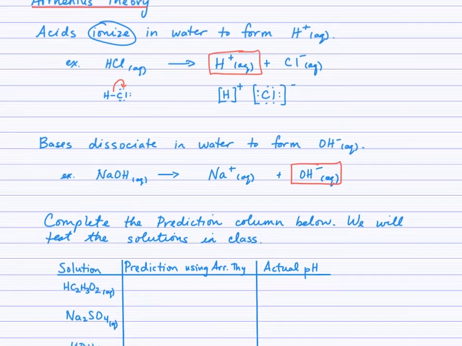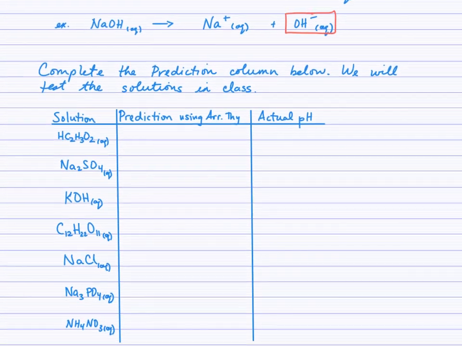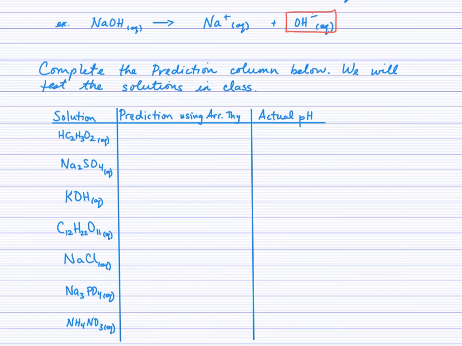So I'm asking you to prepare for a class activity by completing the prediction column, the middle column in this table. This part here we're going to do in class. I'm going to have some pH paper or an indicator for you to measure the pH of these actual solutions.